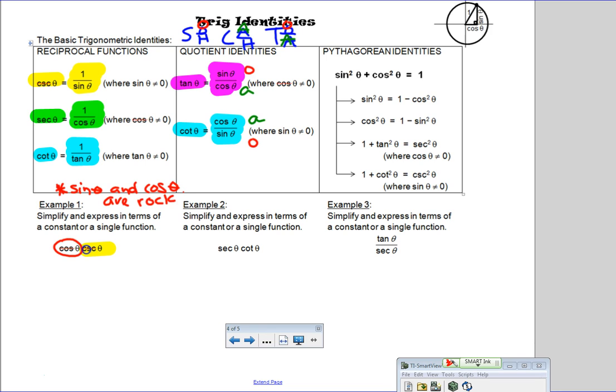Nothing more you can do. So cosine theta is just going to stay cosine theta for a second. Now, cosecant theta, though, is a different story. Cosecant theta, we can replace, and I highlighted in yellow for a reason, cosecant theta up here can be replaced with 1 over sine theta.